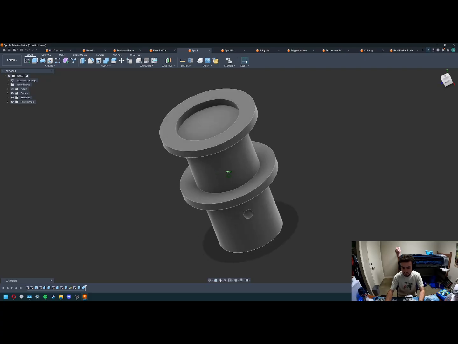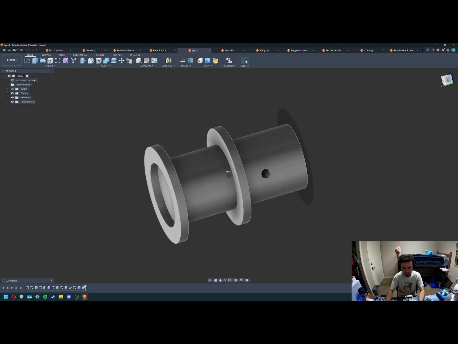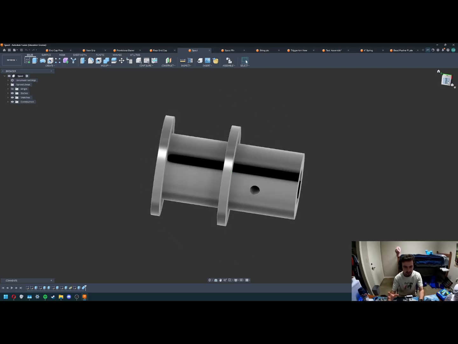So this is the spool, and basically this is what would cock back the bead launcher.